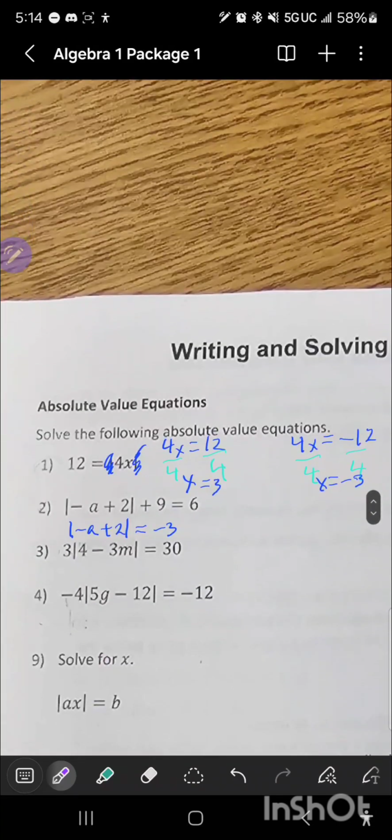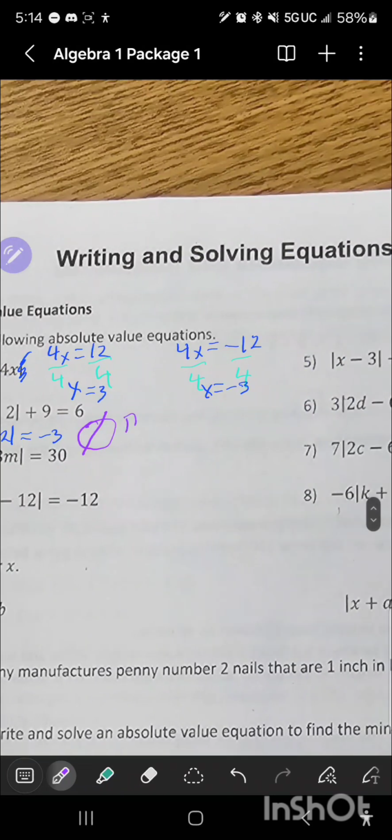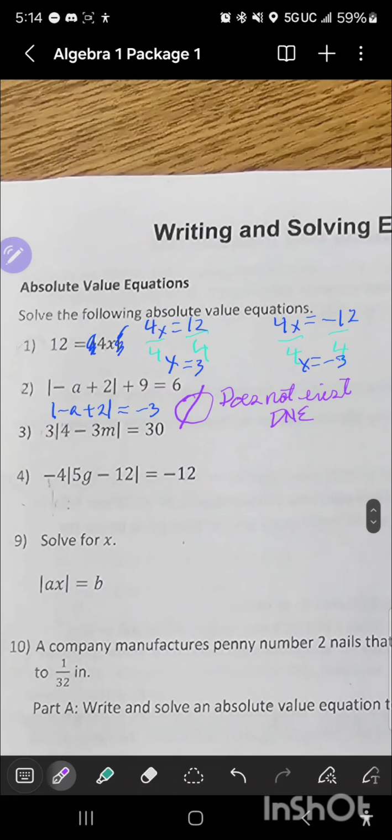So you can put either this sign, that means that it doesn't have a solution, or just put does not exist, or DNE for short. Because that's the rule that any absolute value cannot be negative.